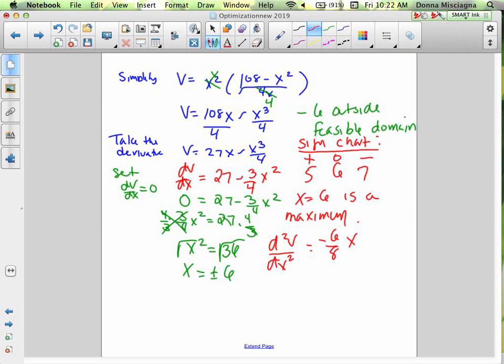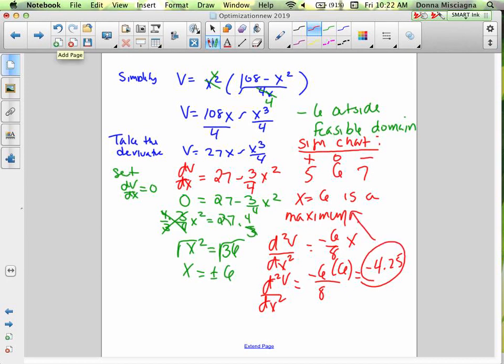If I plug in anything into this, it's going to be negative. If I plug in the 6, I have negative 6 times 6 divided by 8. That's going to be negative 36 divided by 8. Negative 4 point something. What is it, 4.25? Whatever, it's negative. So since this is negative, this is a maximum.